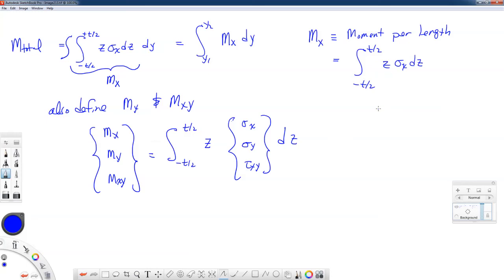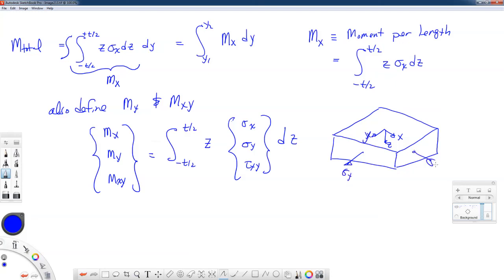And just for completeness, if we again want to sketch our plate, x, y, and z directions. Our stress sigma y would be out this way, stress sigma x would be this way, and tau xy, defined by our coordinate system as positive, would be in these directions.